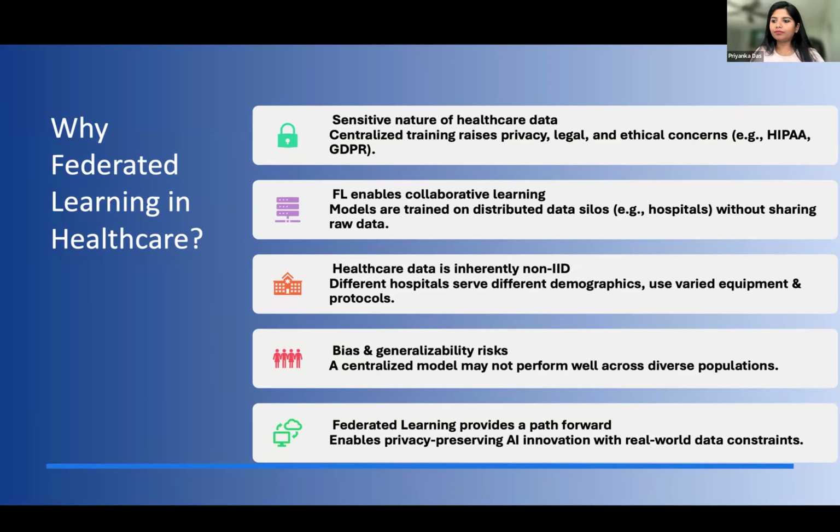So, non-IID means that the data is not randomly or evenly distributed. Each client or hospital may have different classes, different frequencies, or biases in the data. Different hospitals serve different demographics and use different equipment and protocols, making centralized training models prone to bias and poor generalization.